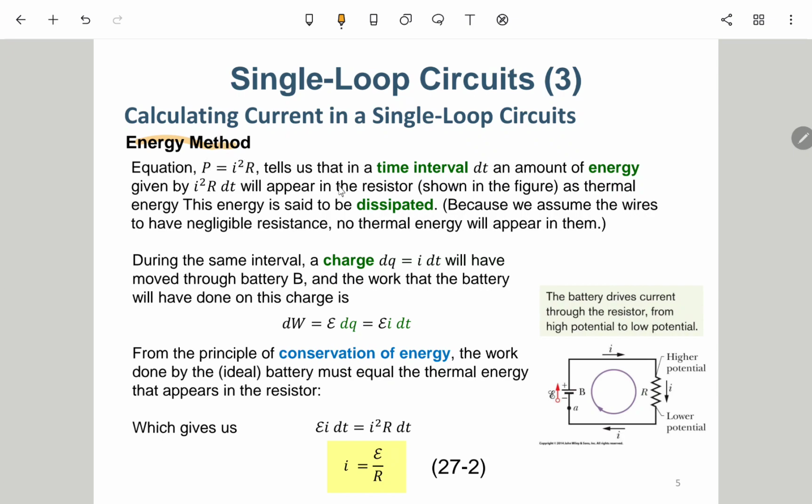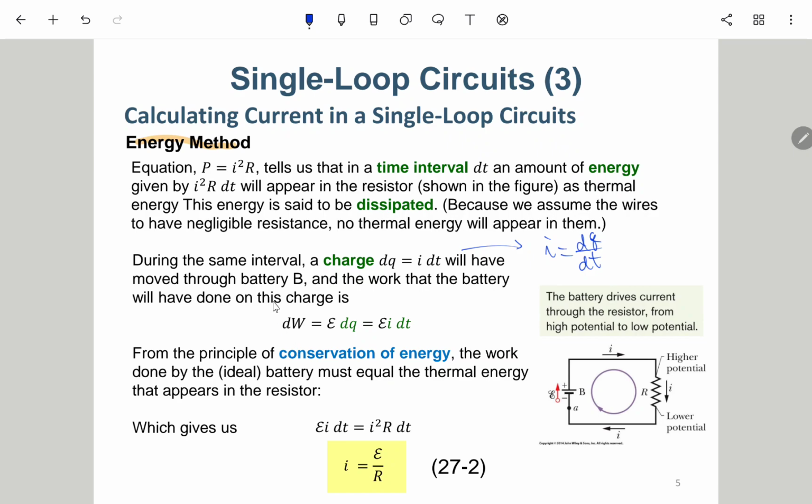Here we have a charge going through this loop, and the charge dq will be I dt. If you are not familiar with this expression, consider the definition of I as dq/dt. You just multiply dt on both sides, so we have dq equals I dt.